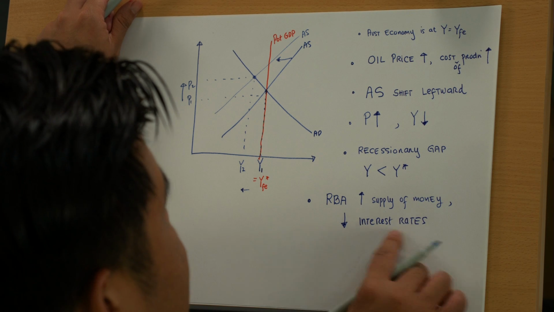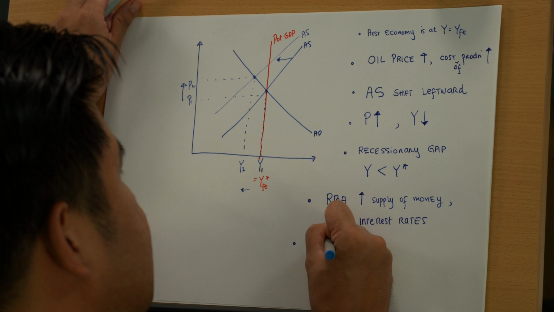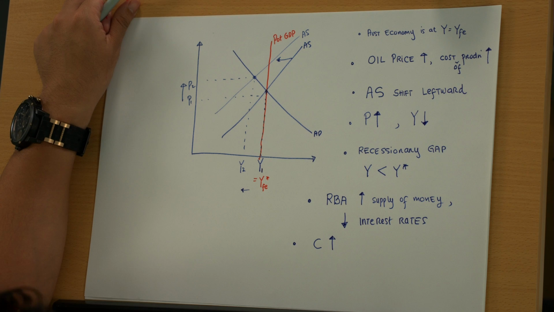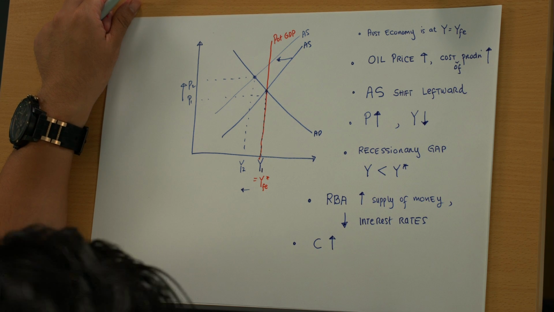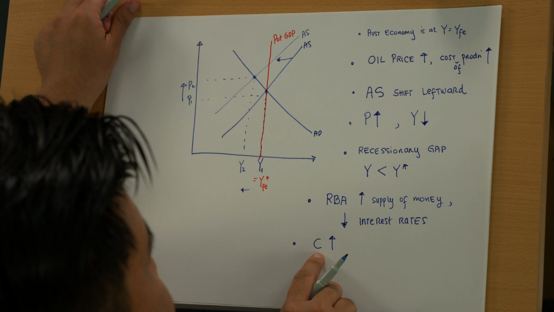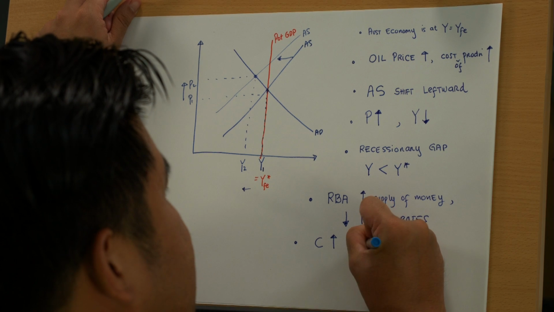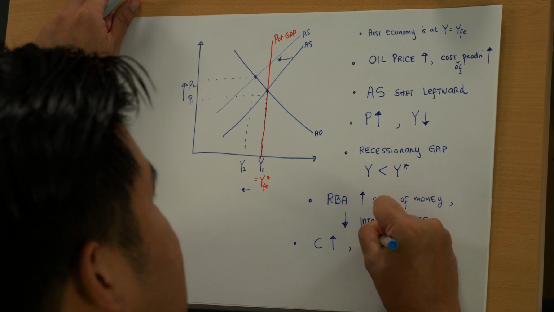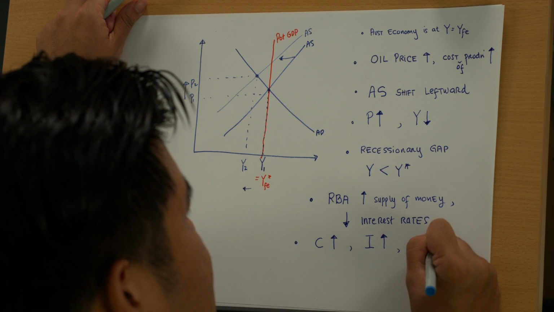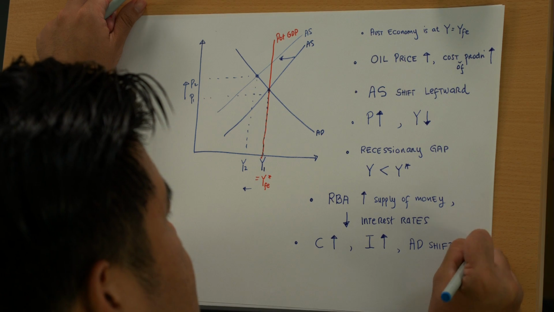The lower interest rates will stimulate consumption. If it's cheaper to borrow money from the banks, we borrow the money from the banks, we consume more. Businesses will invest more. C goes up, investment goes up, AD shifts to the right.